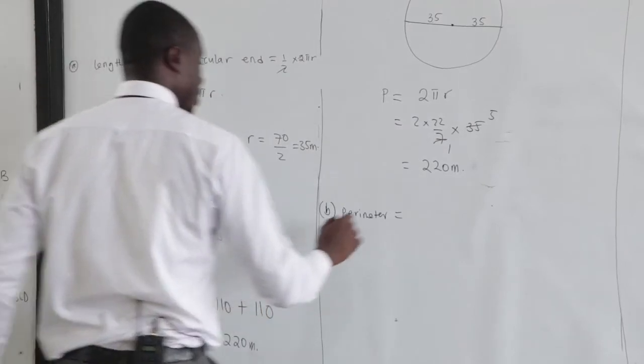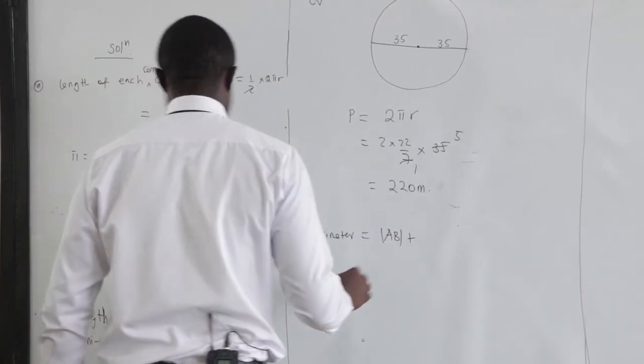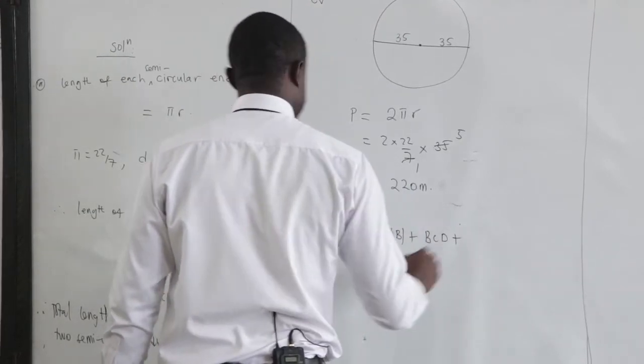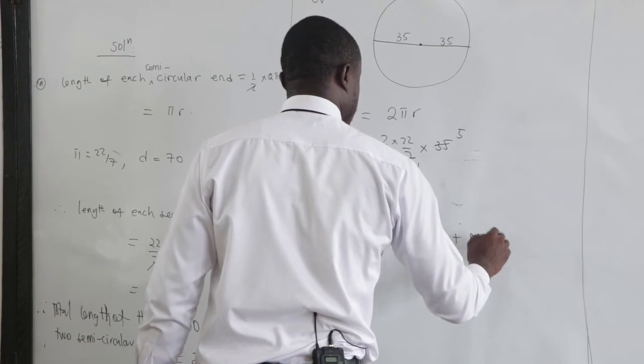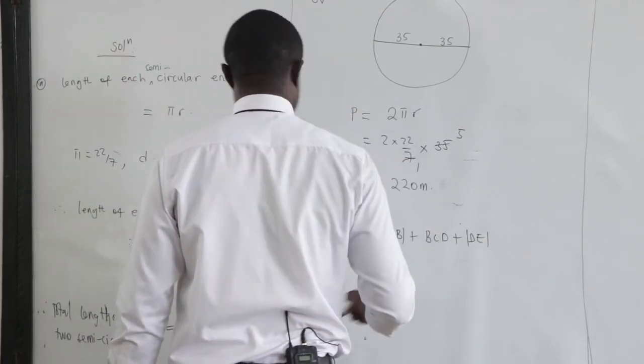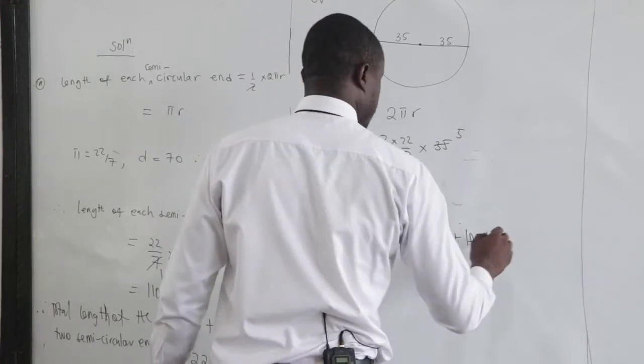So clearly, looking at it, we can say AB plus the arc BCD, plus DE, plus the arc AFE.